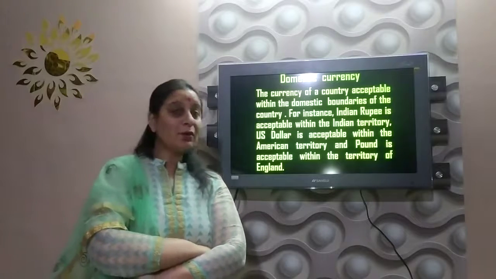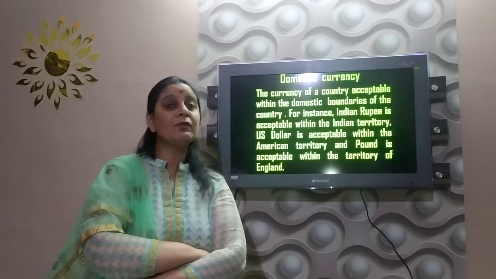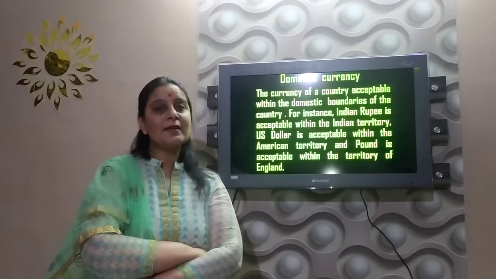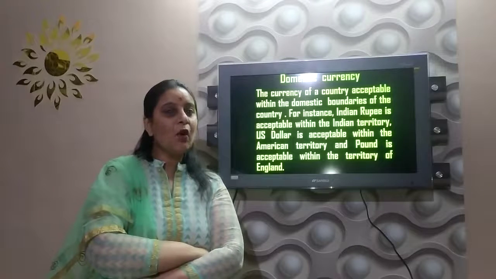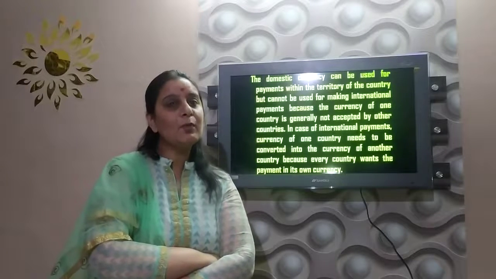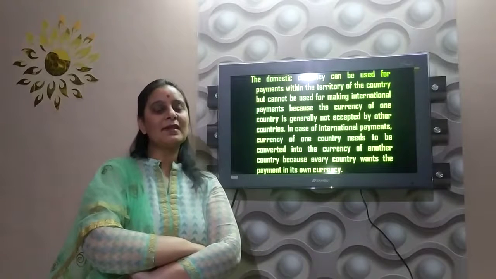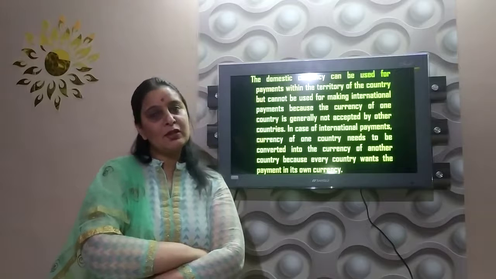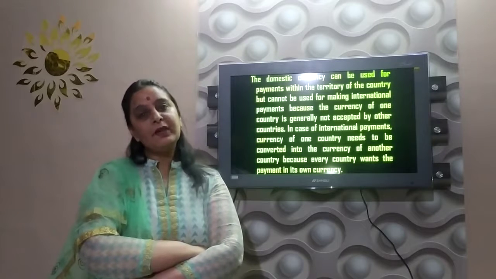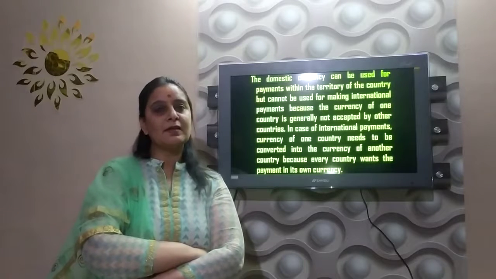Now, before I talk to you all how the conversion is done, first let us understand what is foreign currency. Every currency of the world except the domestic currency is the foreign currency. For example, Indian rupee is the domestic currency of India, but for every other nation it is foreign currency.